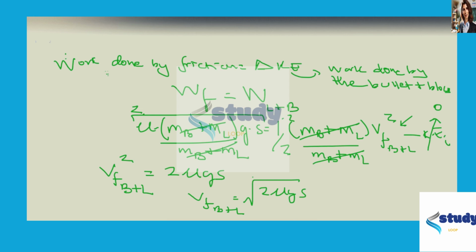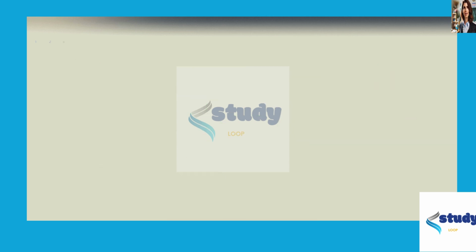This is our final velocity. You can compute it just to test the final velocity for the bullet and the block, and that's fine. But the best way is just to keep the variables up until the end.